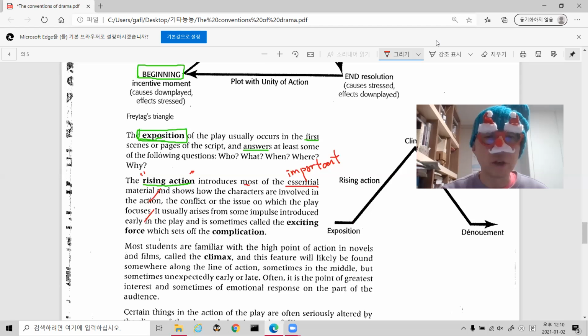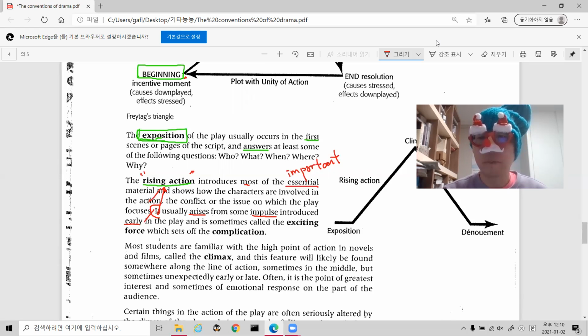So the rising action is usually based on some beginning, some impulse introduced in the early part. In the beginning, you explain some of the story, and the rising action is built up based on the story explained in the beginning section, so it rises from that beginning. It is sometimes called the exciting force, which sets off the complication.